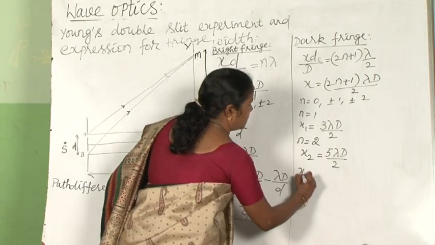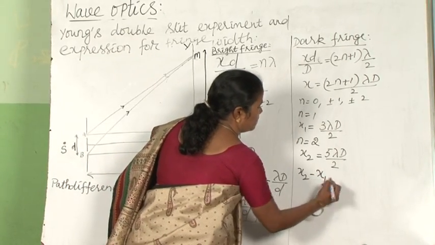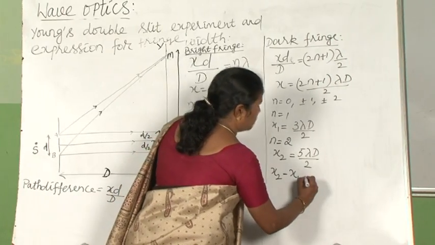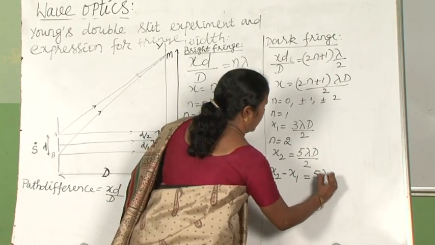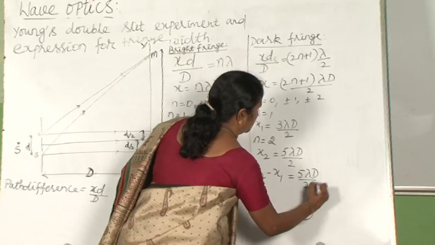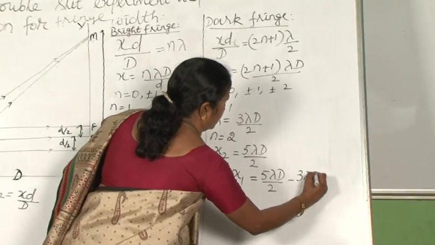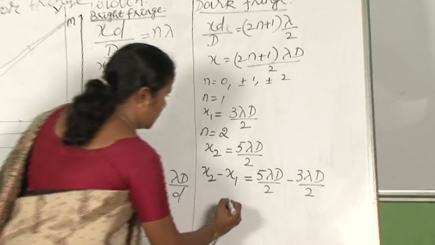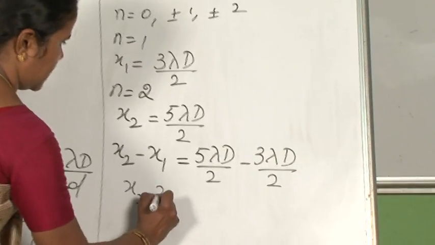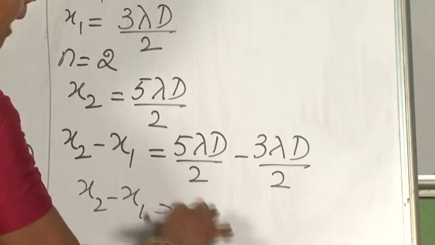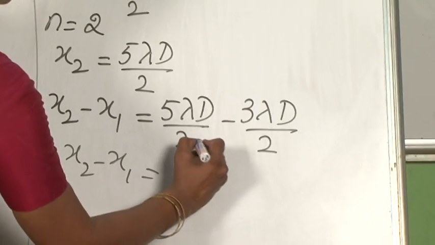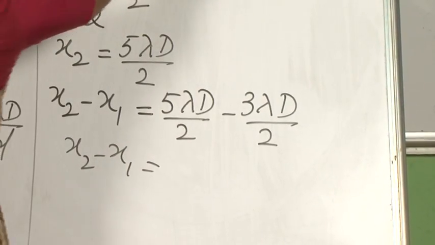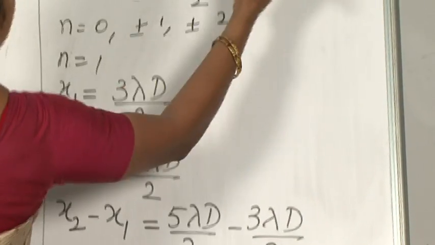Now the distance between two consecutive dark fringes, x2 minus x1, is 5 lambda D by 2d minus 3 lambda D by 2d, which is x2 minus x1 equal to 2 lambda D by 2d.